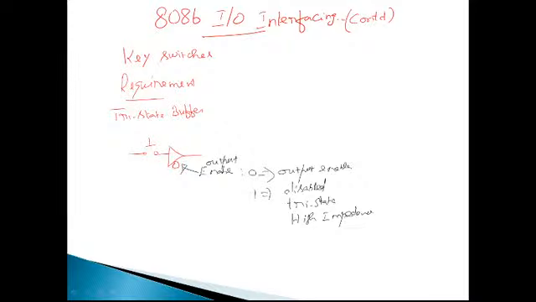It may be an input device, an output device, or a memory device. If more than one device drives the data bus, the system will not function, because there will be a collision of the data. So we need to permit only one device to take part in the communication at a given instant of time. That is why tri-state buffers are used for connecting with the devices.